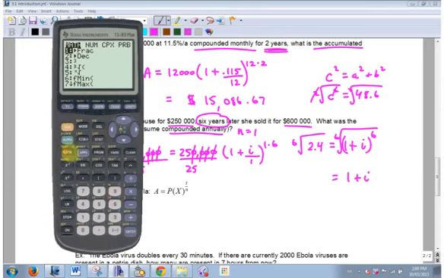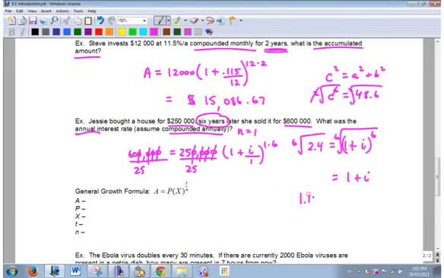the 6th root of 2.4 is 1.157. How do I solve that for i?